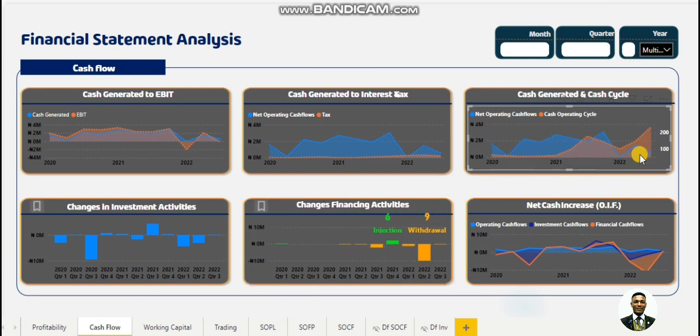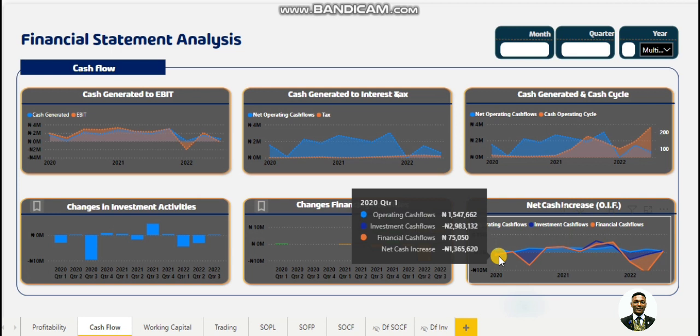Remember, now moving on to net cash increase. This net cash increase is aggregate of their operating cash flow, investment cash flow, and financing cash flow. Now, sum of everything is shown by the orange line.